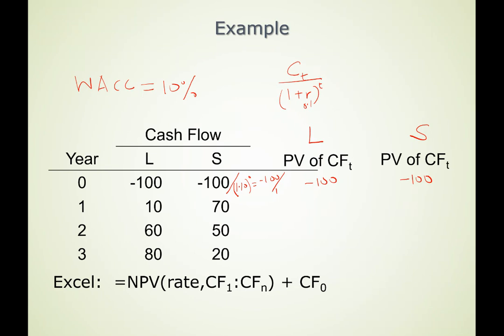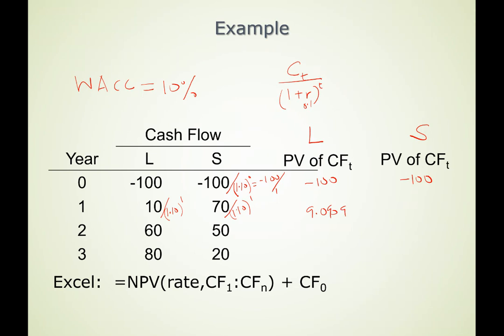For the second inflow of cash, you have 10 for L and 70 for S. Again, for the case of L, you discount this: divide by 1.10 and raise it to 1. And the 70 is divided by 1.1 raised to 1. If you take 10 and divide it by 1.1, this gives you a present value of 9.0909.